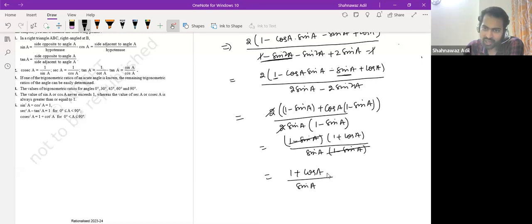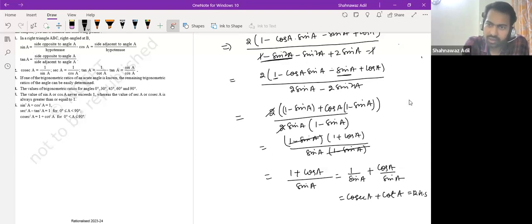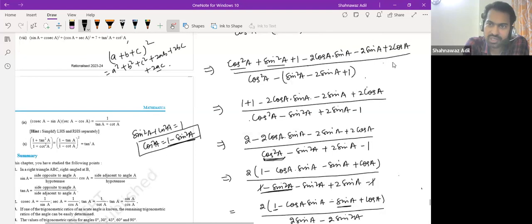Now as Shaima said, we can separate these two terms: 1 by sine a plus cos a by sine a. So this is cosec a plus cot a. This is equal to RHS, but I didn't use this identity, right?